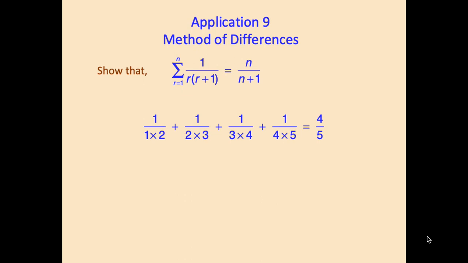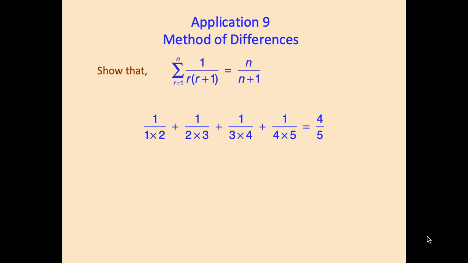Now, if we just have 4 terms in the sequence, we get this series here. And what the formula says is that that will be equal to n over n plus 1. And if n is 4, then the result is 4 over 4 plus 1, namely 4/5.